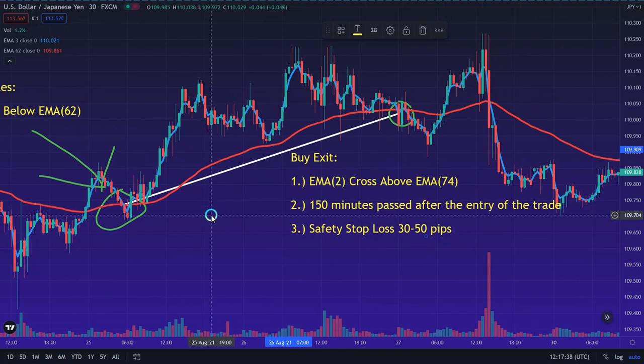So yeah, now I will show you some example for the sell entry and sell exit rules.